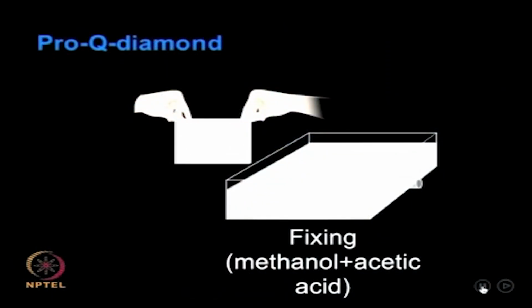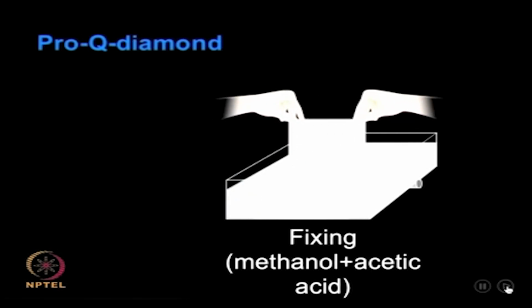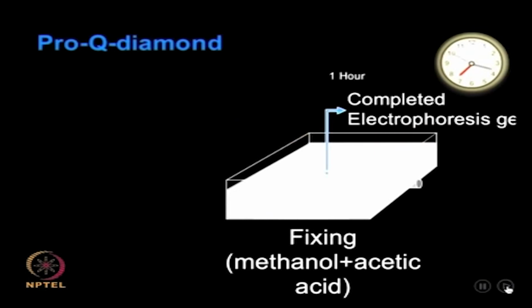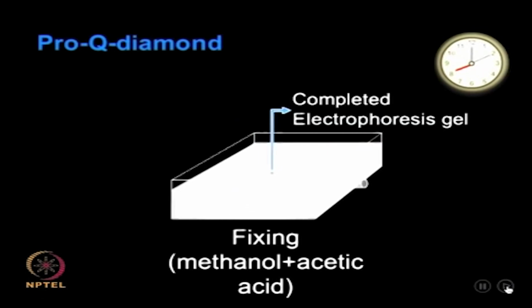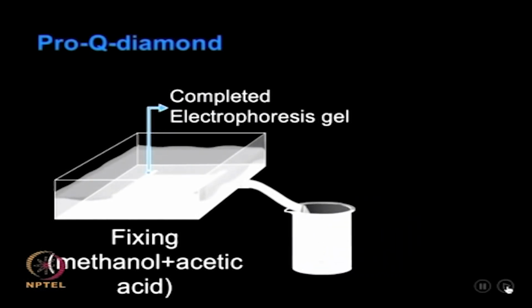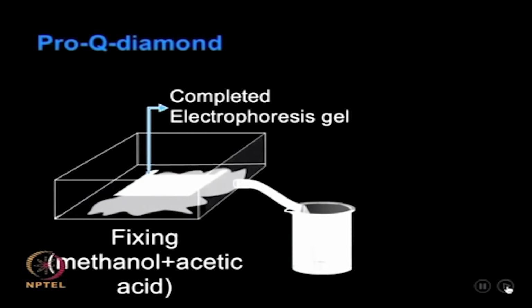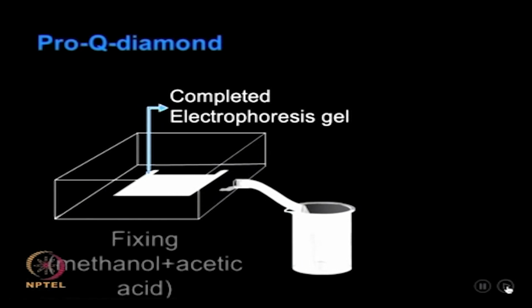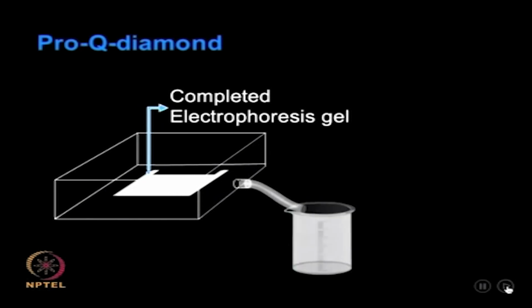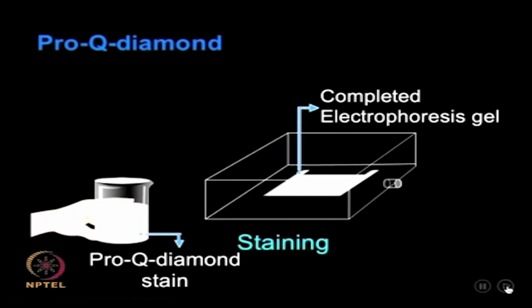Pro-Q diamond is a very useful staining technique for detection of phosphoproteins, and when used in combination with Sypro Ruby red, it also provides a very comparative profile of total protein content and the phosphoprotein content. The first step is to perform the fixation, followed by addition of Pro-Q diamond stain.